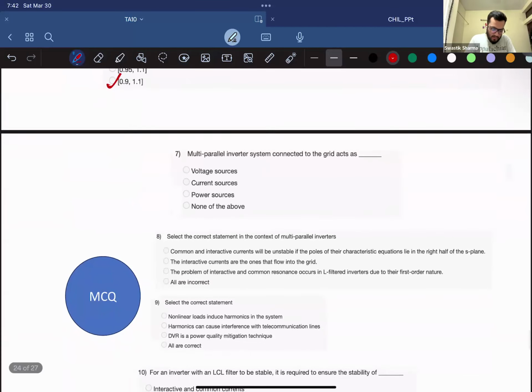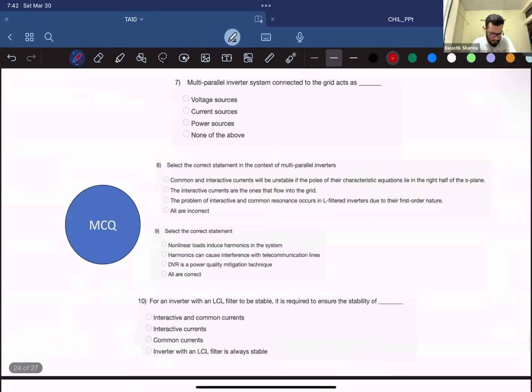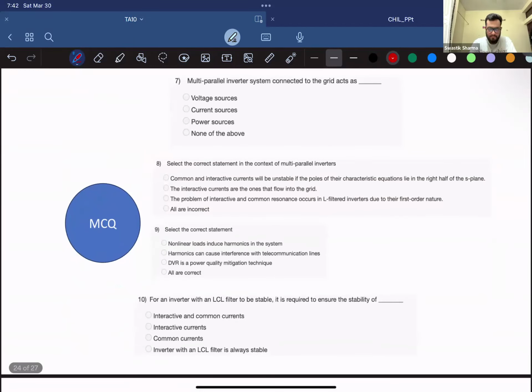Next, multi-parallel inverter systems connected to the grid act as, yes, current sources. So all of them act as current sources. Next, select the correct statement in the context of multi-parallel inverters.